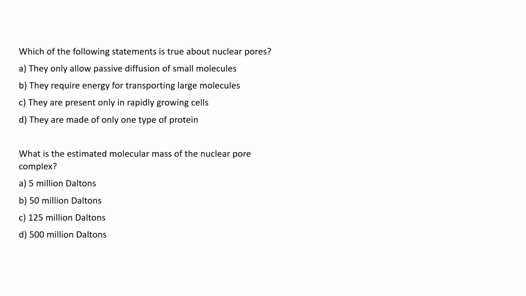Okay, this is just a question relating to whether you remember something, which is the estimated molecular mass of the nuclear pore complex. It's a huge complex, so it's really big. So the answer really here is C, okay? It's 125 million daltons. Just imagine how gigantic that is.